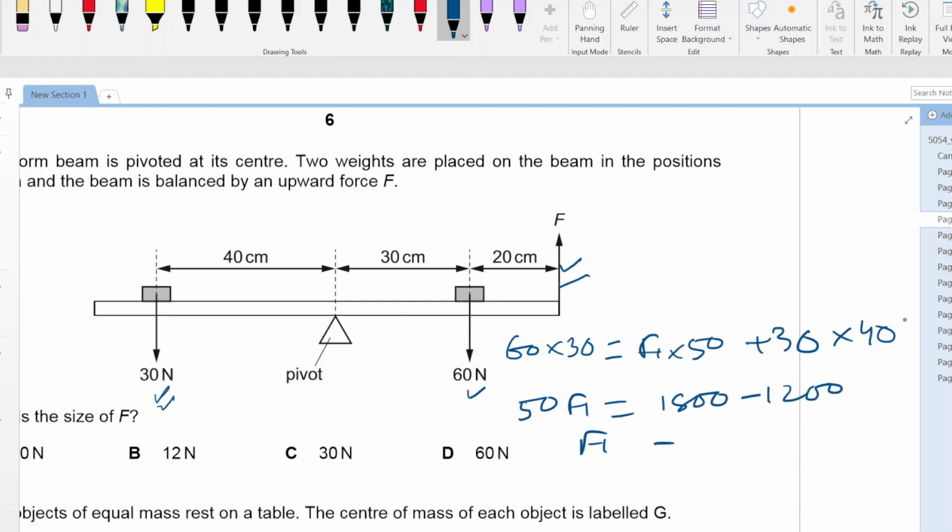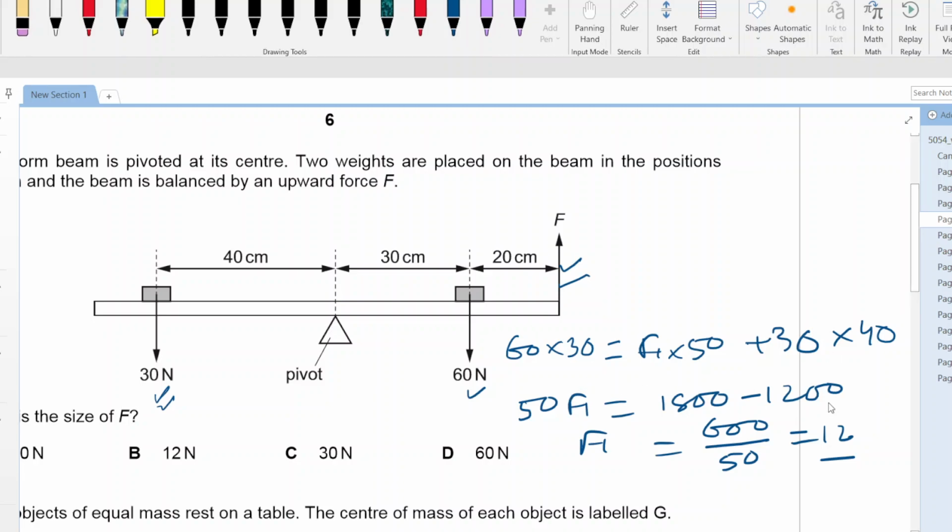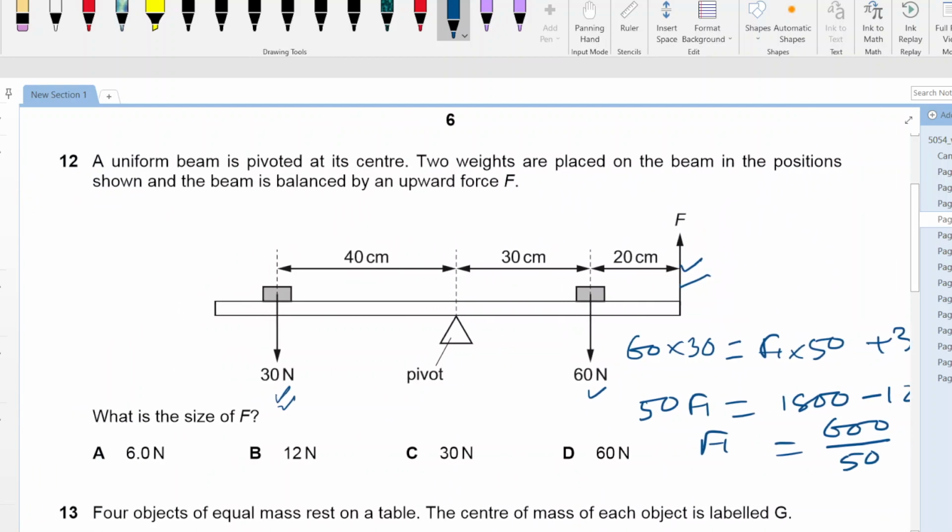F equals 600 by 50. It is 12 Newton. Now, answer B. Newton.